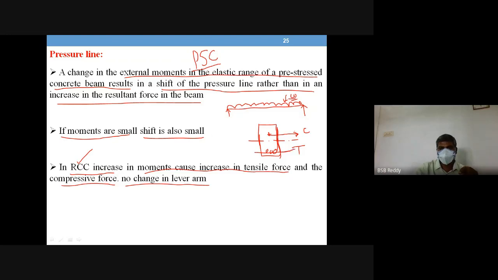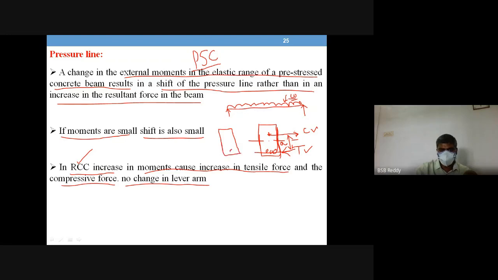Okay, right? So this lever arm, whatever is available, is fixed, small a. What happens when you increase the load? The values of C and T will increase. A is fixed.